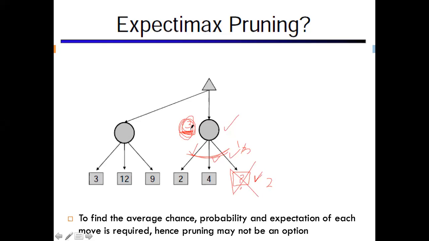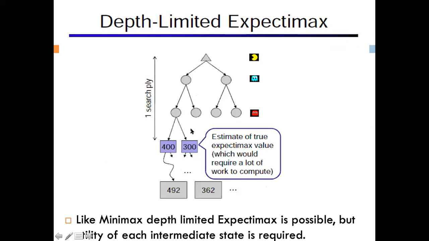So as we discussed last time, in case of expecti-max, when you are having a chance node, then a linear transformation or some sort of transformation of the evaluation function may result in a change of your future course of action.